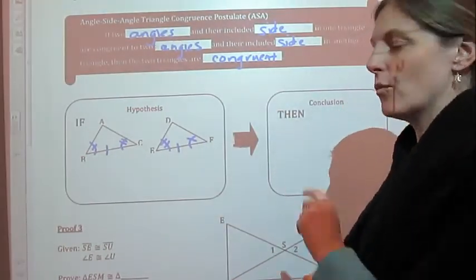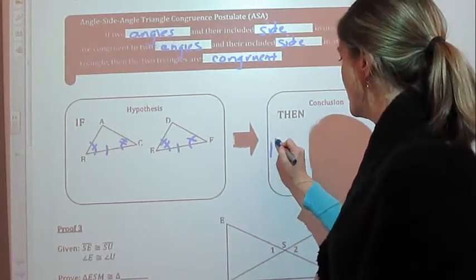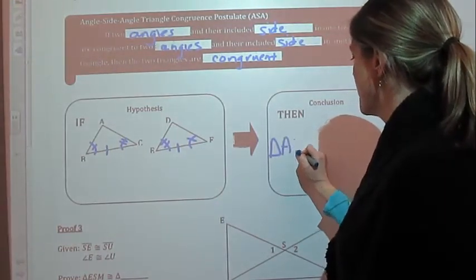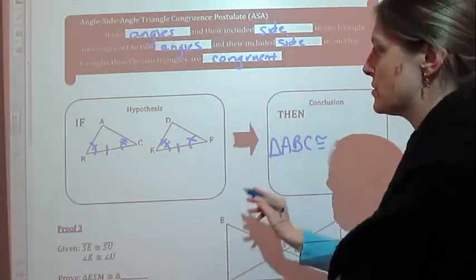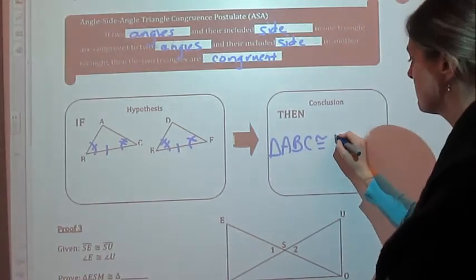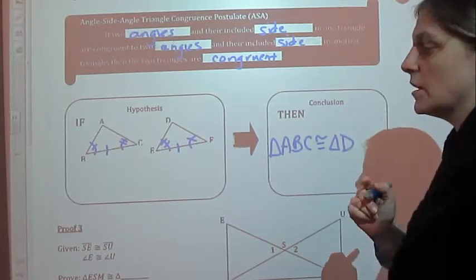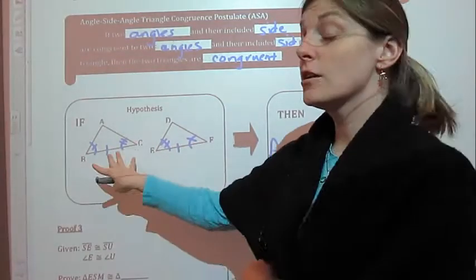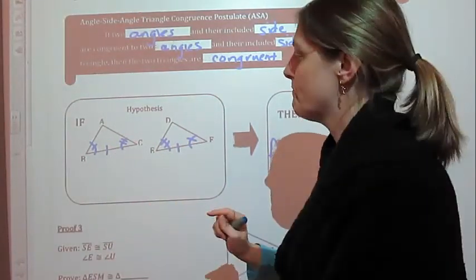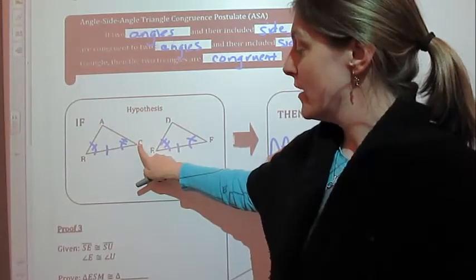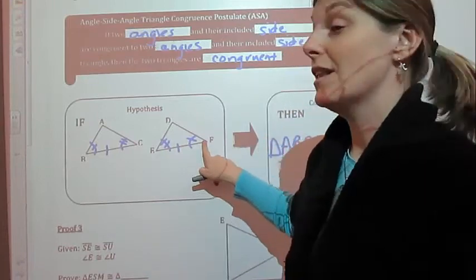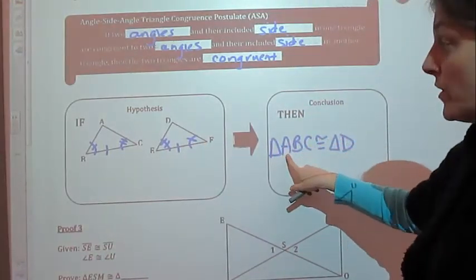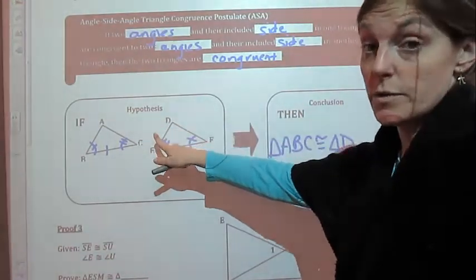All right, so we've got to match our pieces. So we've got triangle ABC, and we're going to say that that's congruent to triangle D, but be careful here because look at the way I marked it, okay? Angle C is congruent to angle E, and angle B is congruent to angle F. So if we start with A, we start with D because they're corresponding.